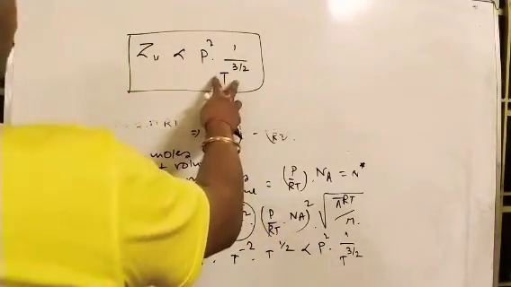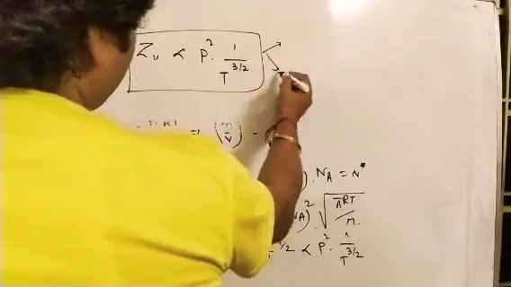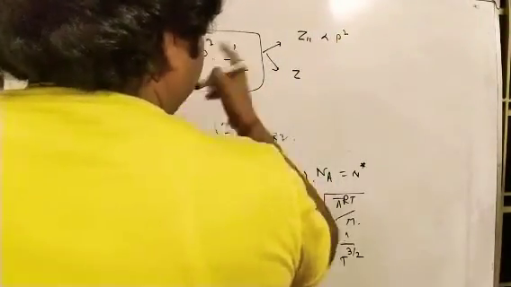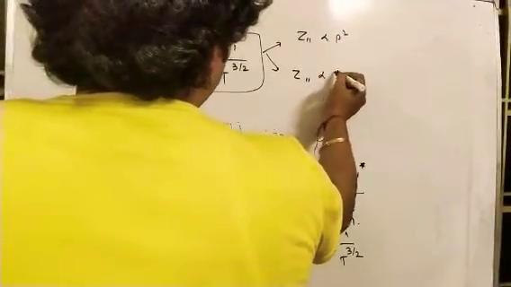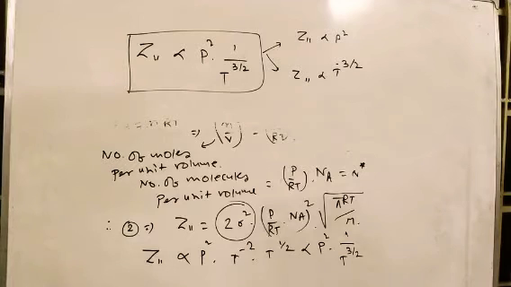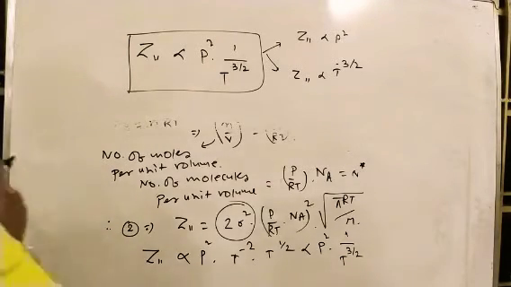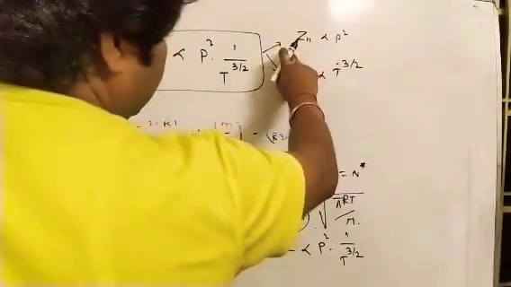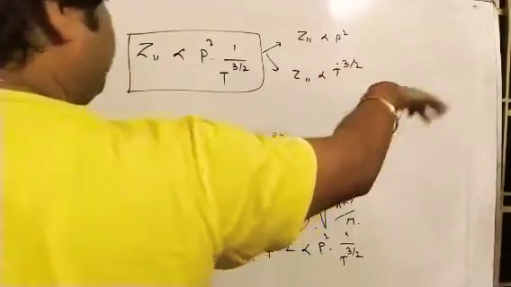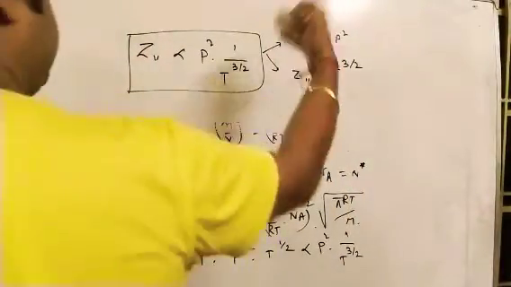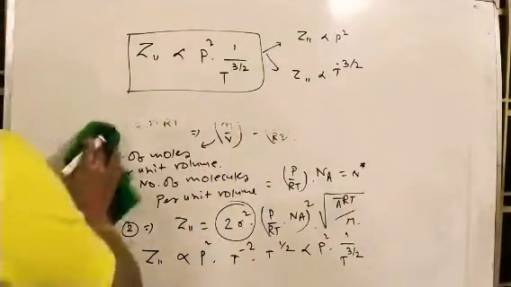If T is kept constant, then Z11 is proportional to P square, and if P is kept constant, then it is proportional to T to the power minus 3 by 2. So that's all about the collision frequency: how it changes if you change pressure keeping temperature intact, if you change temperature keeping pressure constant, and if you change both.